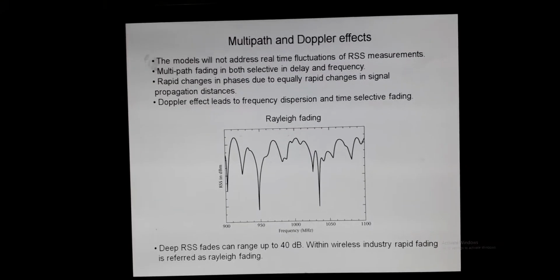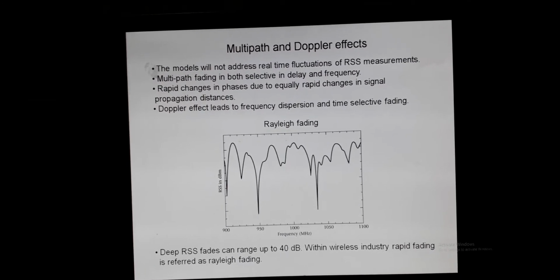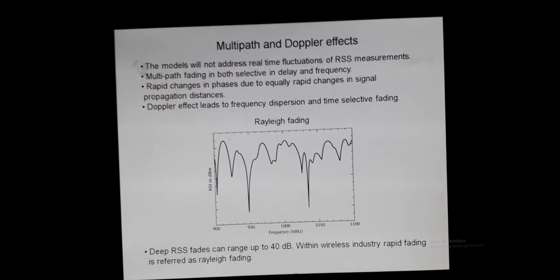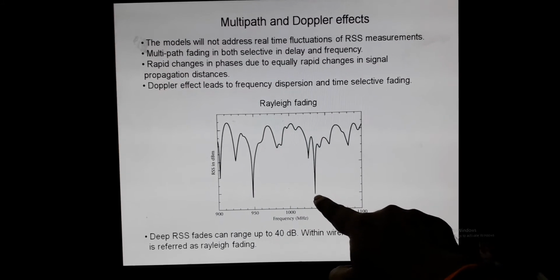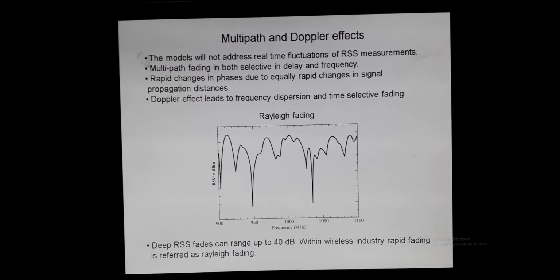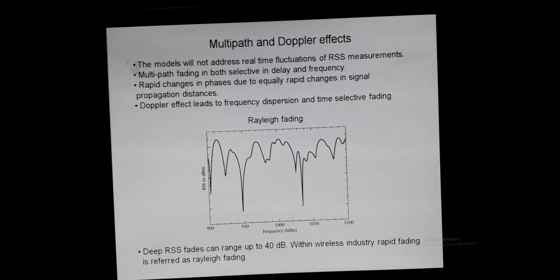Interestingly, you can see it will be high after 900 megahertz. It will be completely reaching almost zero here at 950, 1050. So it has varied characteristics with respect to frequency and time delay.